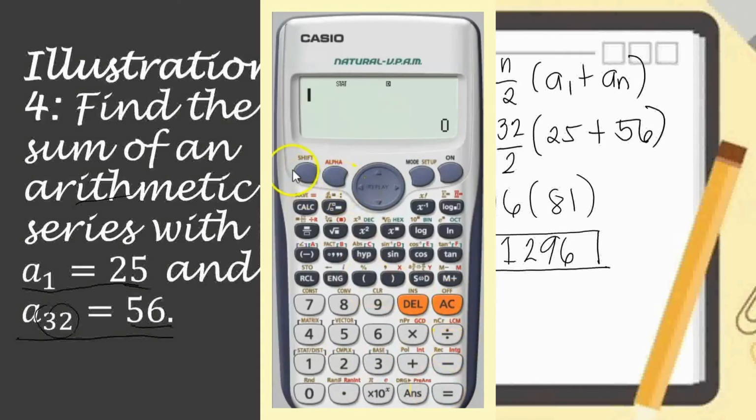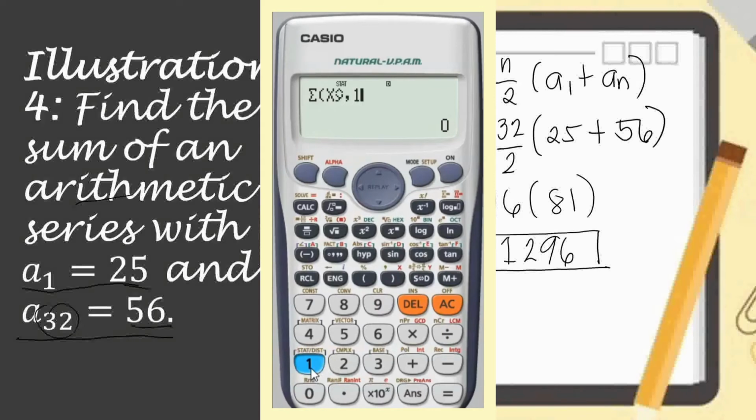So, dito, dahil summation yung hinahanap natin, so, shift, log, ayan. And then, alpha, x, and then, shift, 1, 5, 5, and then, shift, and then, itong close parenthesis, and then, ilang terms yung isa-sum up natin. So, simula first term hanggang 32nd term.